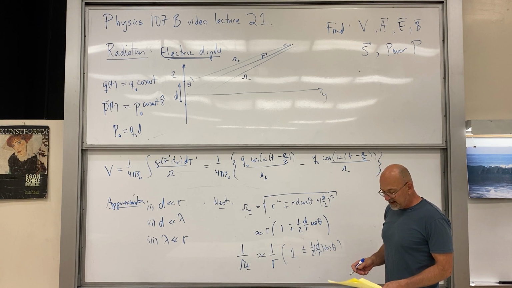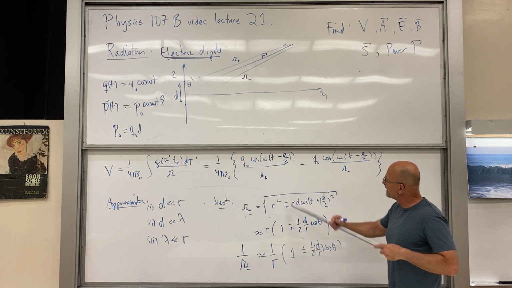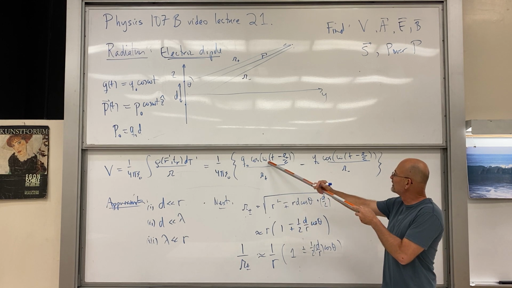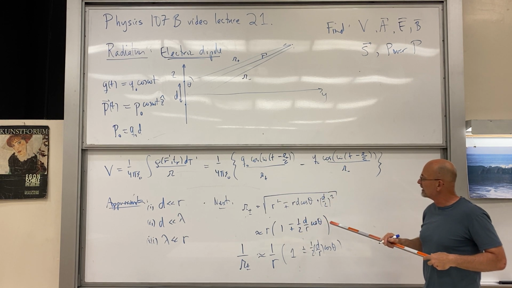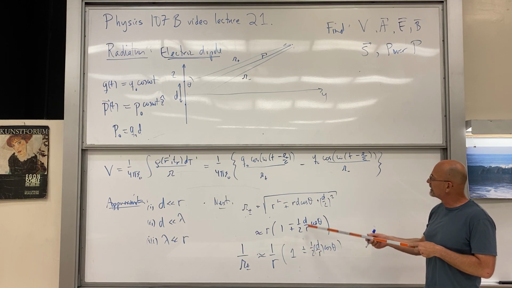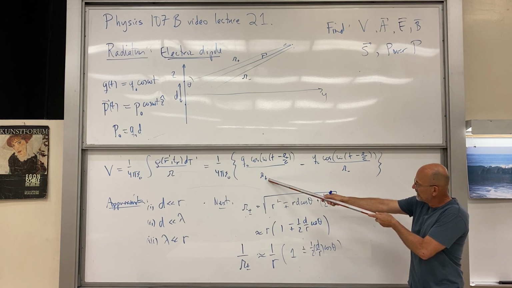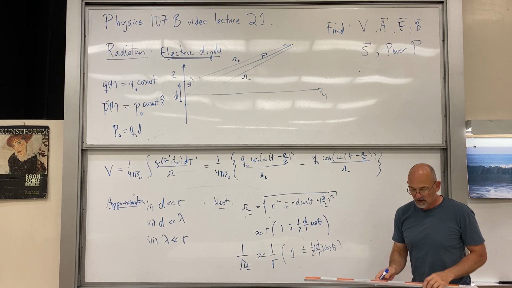So now we're ready to put all of these things into these expressions here. Okay, we're ready to actually plug everything in, because we can have it inside the cosines as well as these things from the denominator there.